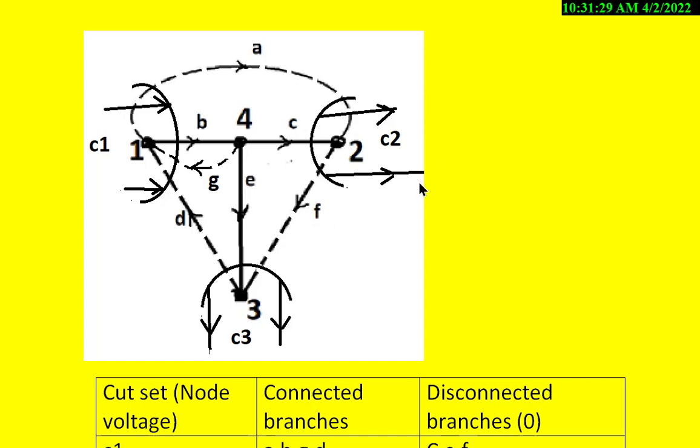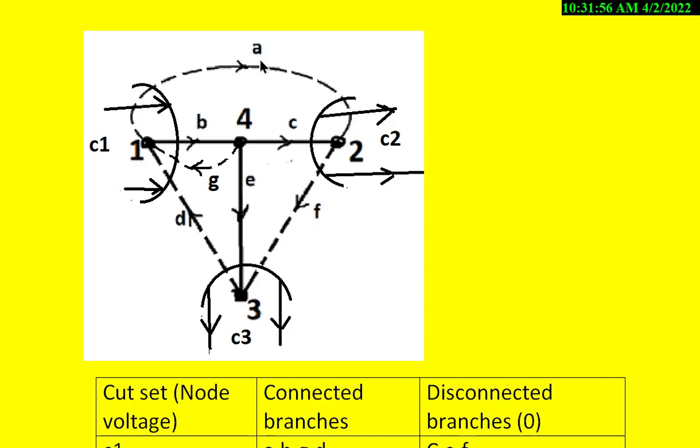Once this is done, each twig will form one cut set, and the remaining elements connected to that cut set node are links. Look at this. This is node 1 and this is the twig B. We cut it here at this node.